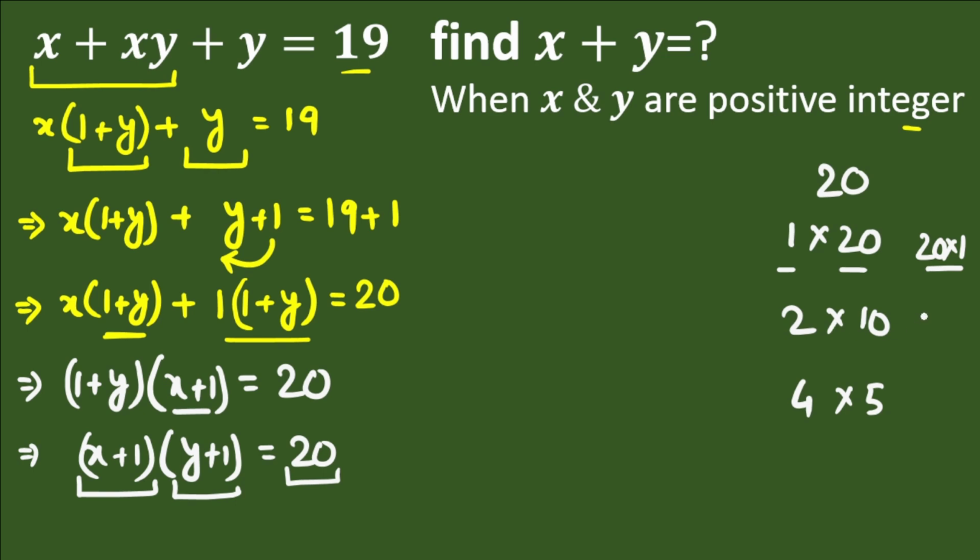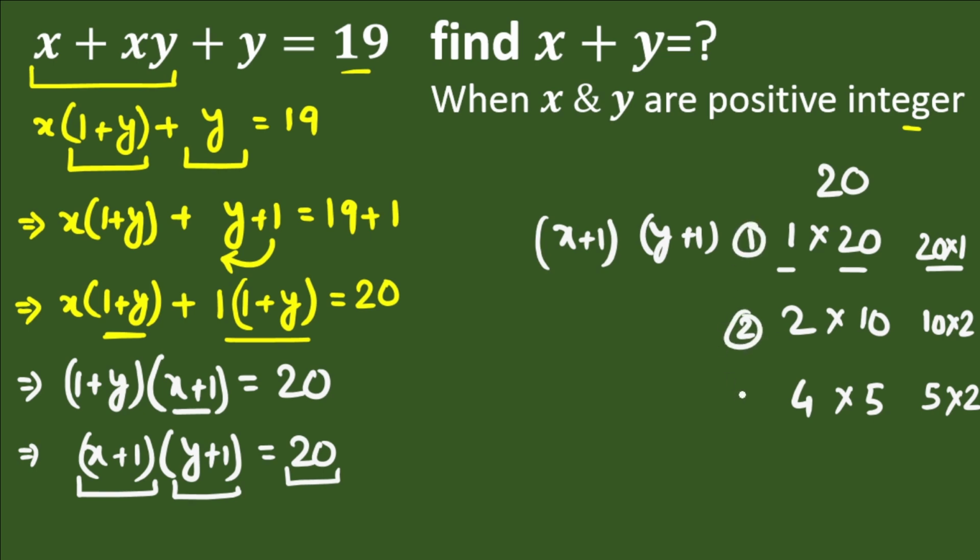Similarly, we can write 10 multiplied by 2 and 5 multiplied by 4. These are the factors x plus 1 and y plus 1, and their product is 20. This is our first case, this is the second, and this one is the third case.